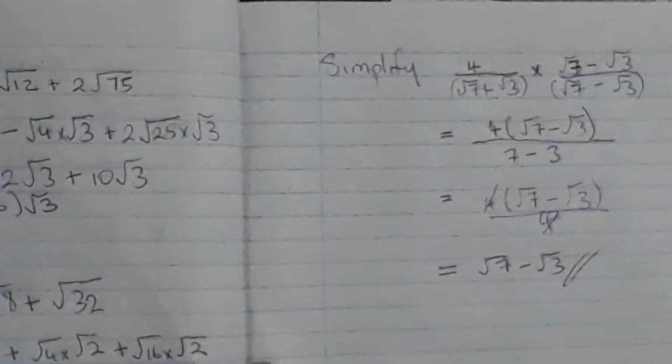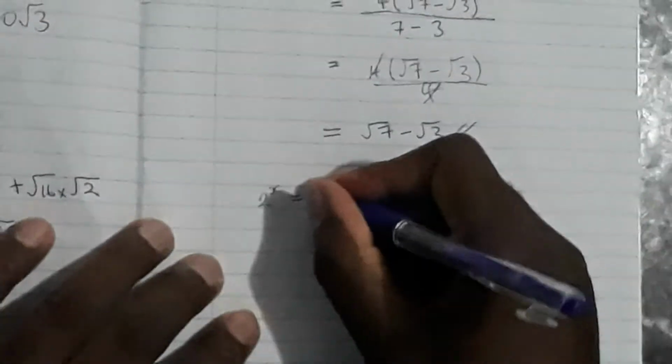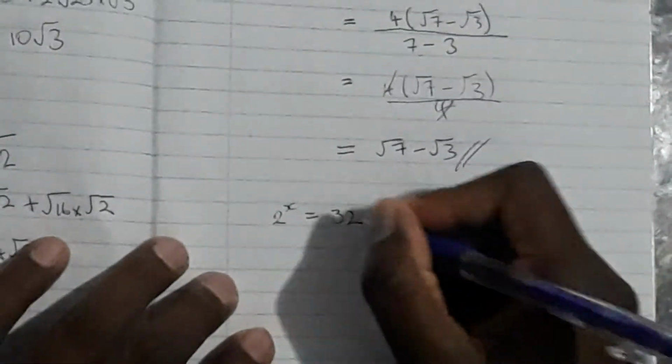Our first exponential equation is given as 2 to the x equal 32.